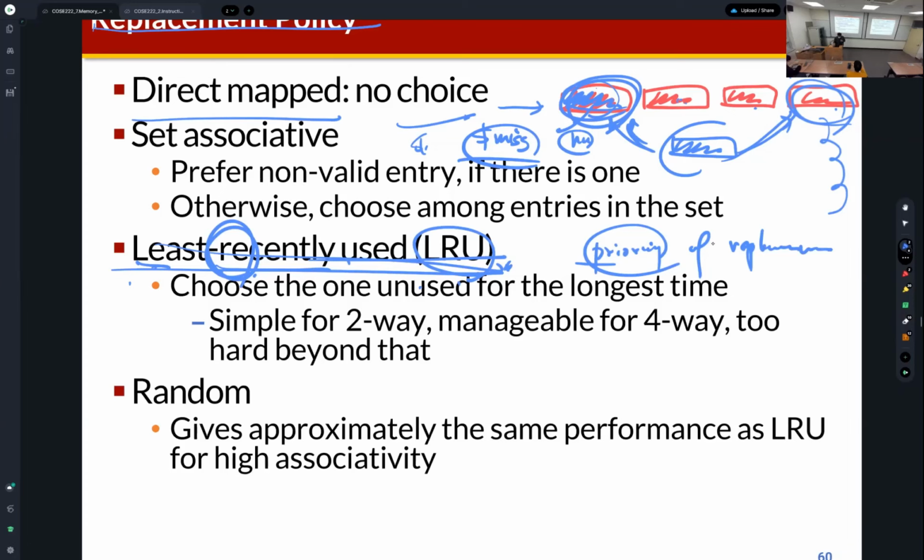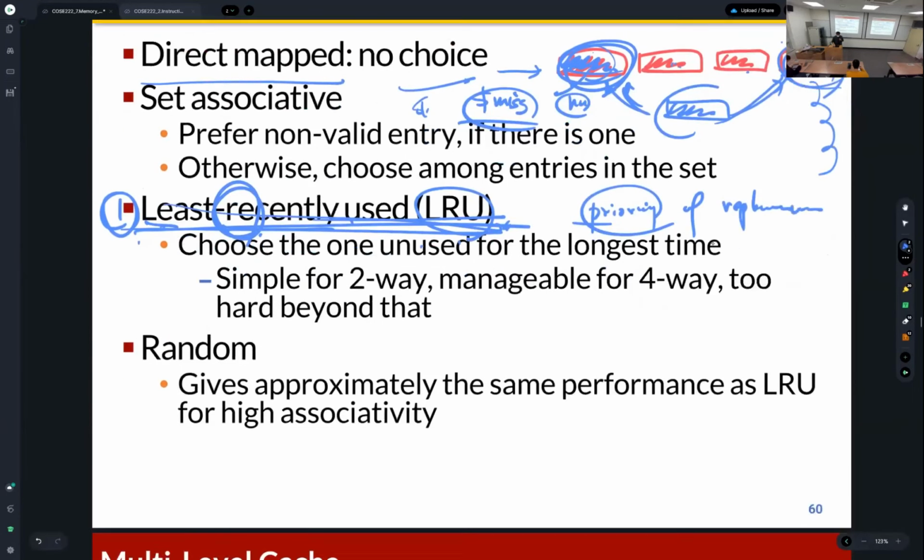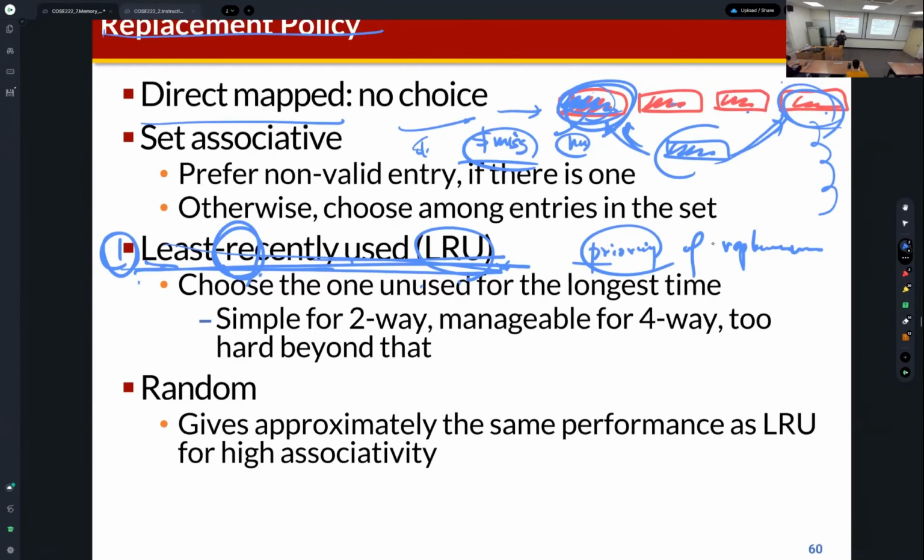So usually the cache uses the least recently used (LRU) replacement policy. But the LRU replacement policy can be complex for hardware implementation, because it means that we need to also check the access history for the target cache block.